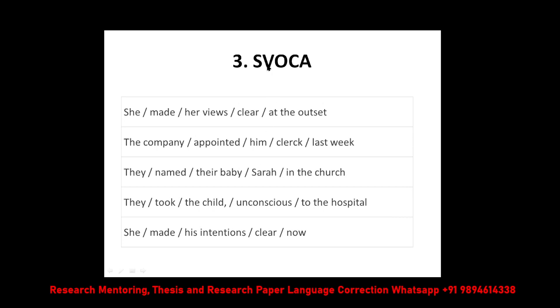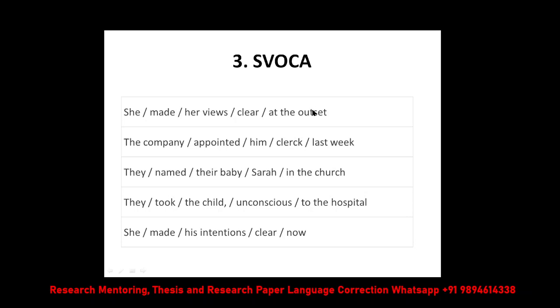Next, subject, verb, object, complement, again adjunct. Subject, verb, object, complement, adjunct. She made, subject, verb, her views, object, clear, complement, at the outset, adjunct. At the outset is a manner.